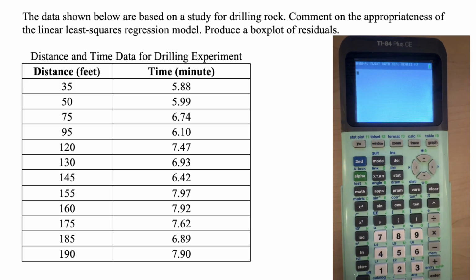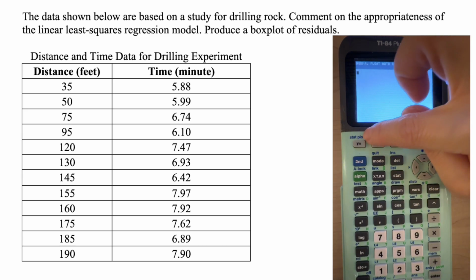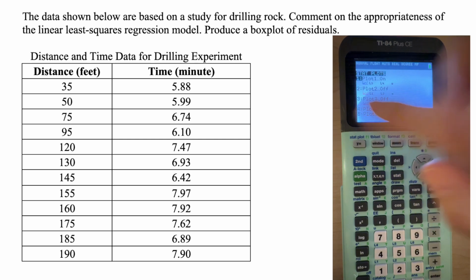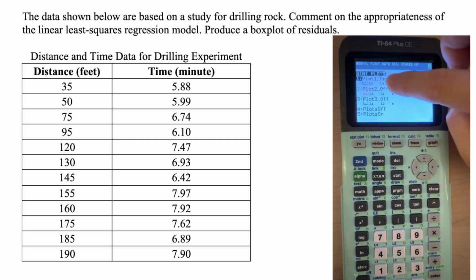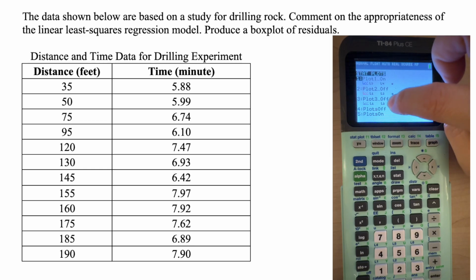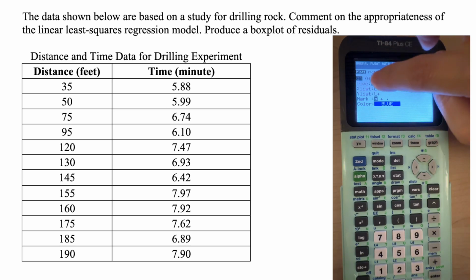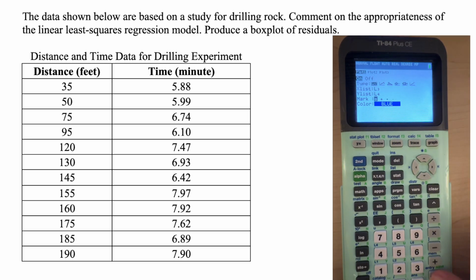Now, if I want to graph my scatter plot with the line, I need to go to Stat Plot. So I press second and then Y equals. I will choose Plot 1. Make sure Plot 2 and Plot 3 are off. I'll choose Plot 1, enter. And then in here, I need to turn that on, so make sure I hit enter to highlight it.